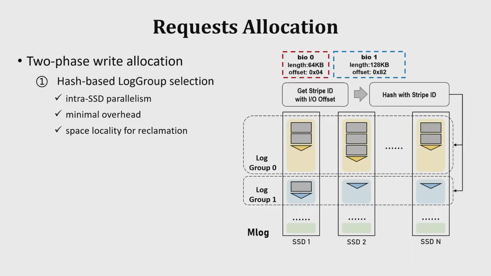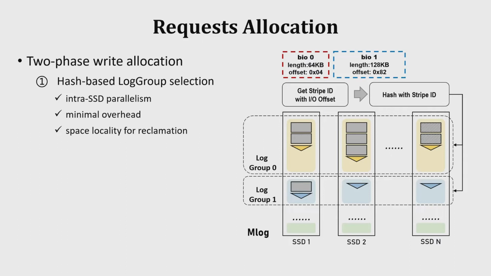To assign the front-end requests, Mlog presents a two-phase write allocation method that evenly redirects incoming writes to different log groups and sublogs to provide concurrent and balanced logging writes. Mlog first hashes an incoming write to a log group according to its stripe number, where the stripe ID is the logical stripe number of the primary RAID.